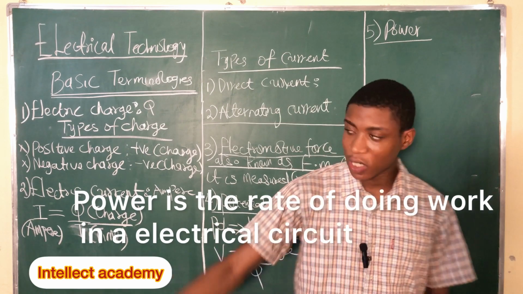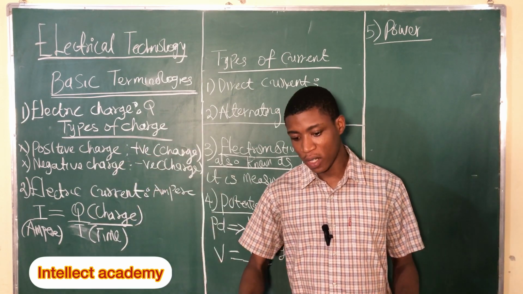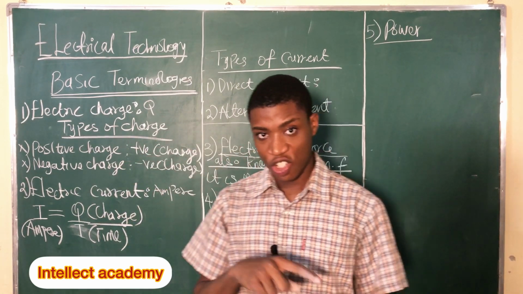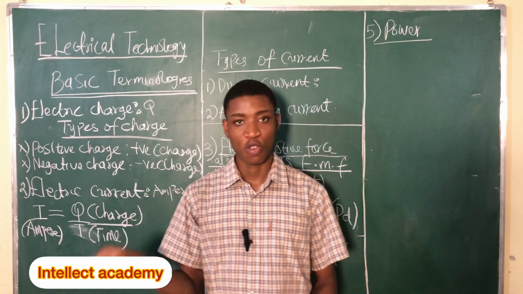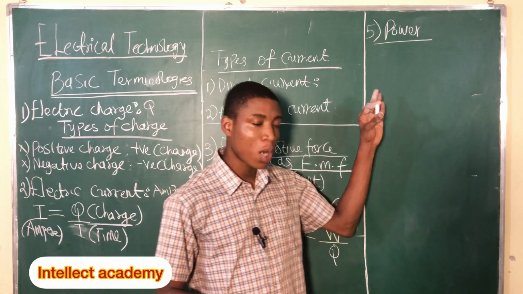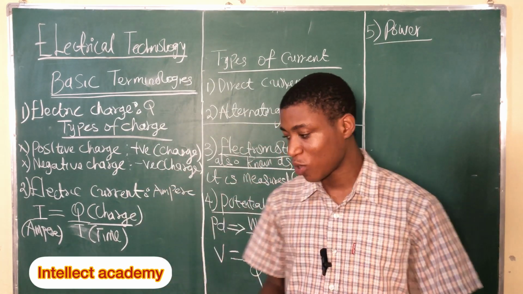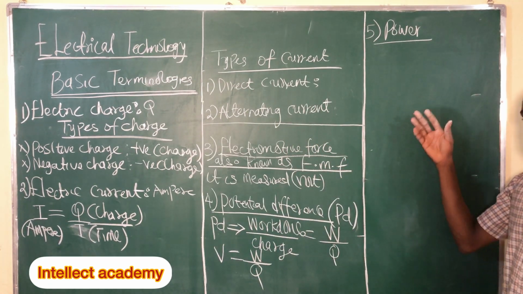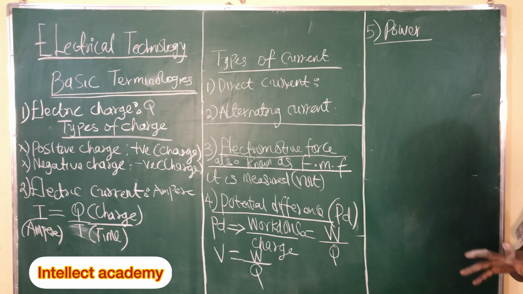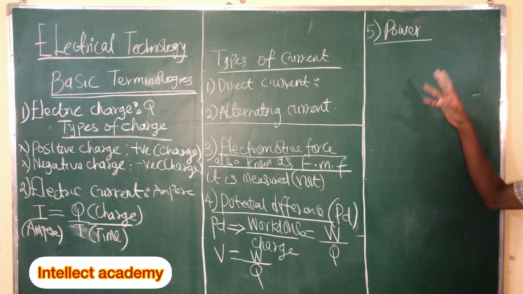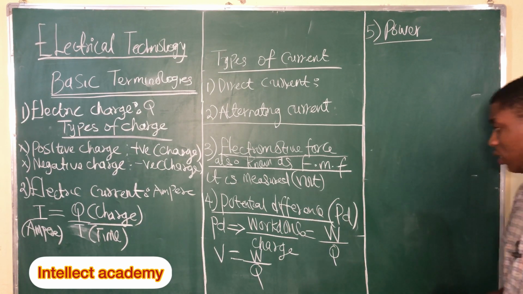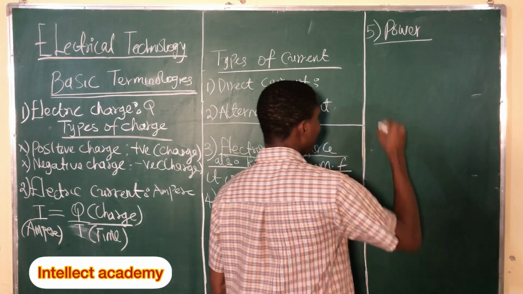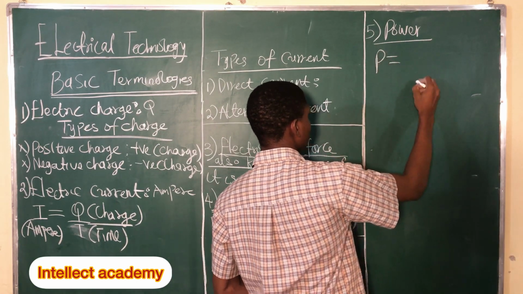In an electrical circuit, work is done when the charge is being moved from one place to another. Power is talking about the rate, and anywhere you see rate, time comes in, right? So the rate at which work is done in an electrical circuit is electric power.